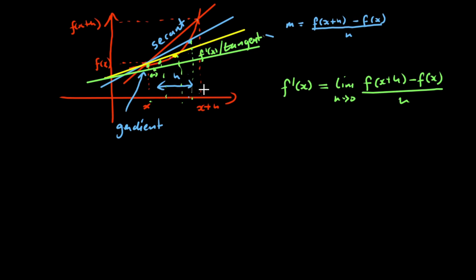As this distance we called h keeps on decreasing to be equal to 0, then the gradient of the secant is going to be the gradient of the tangent. This is what helps us to understand where this formula came from.